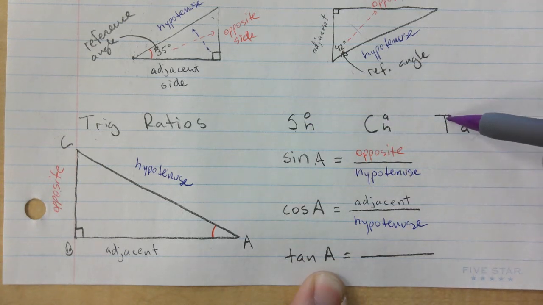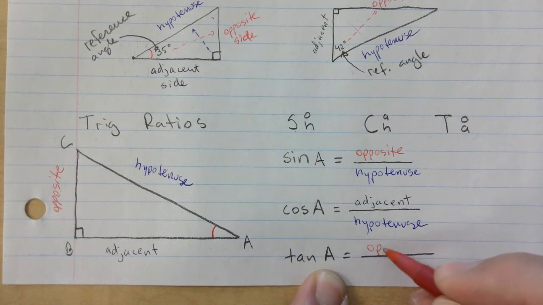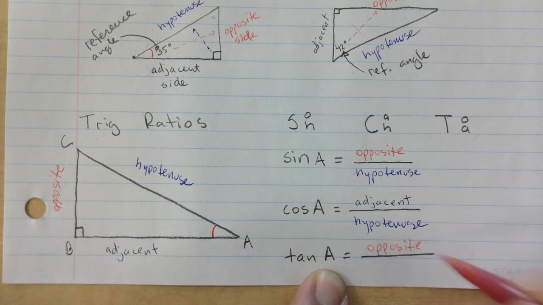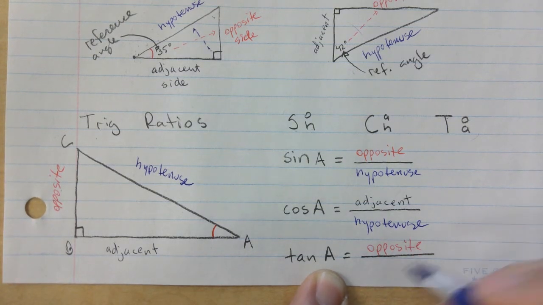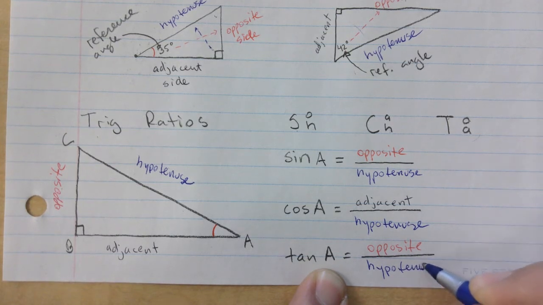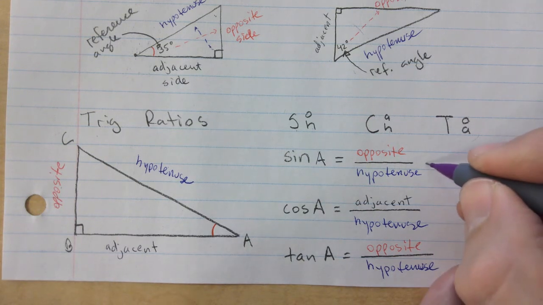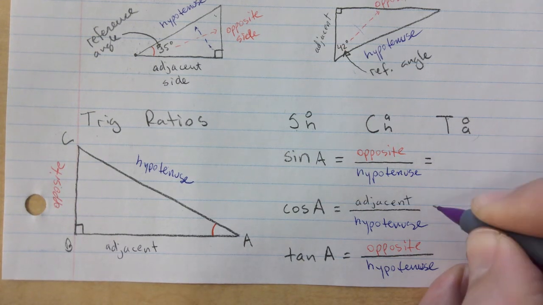So what's TOA? That means that tangent needs opposite side on top and the hypotenuse at the bottom. Like that. Watch this. We're going to take it one step further. So put an equal sign next to all of these.